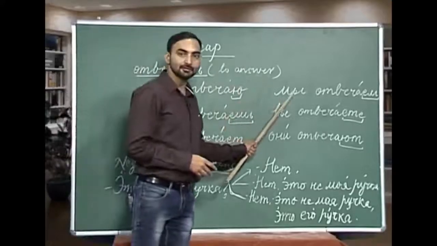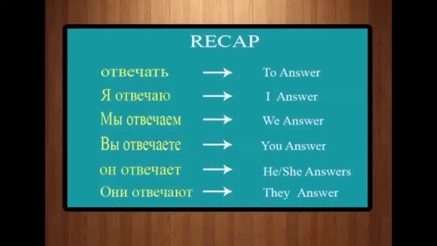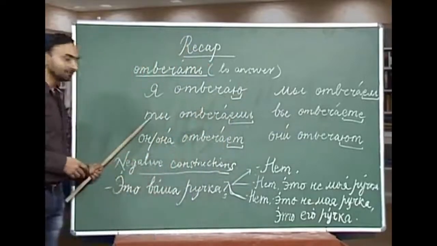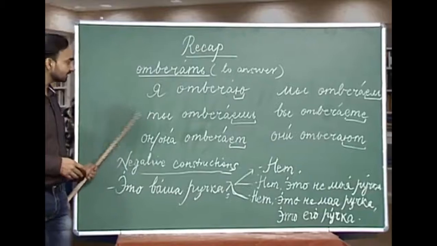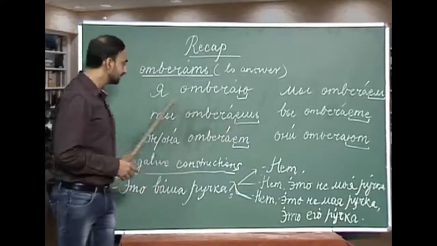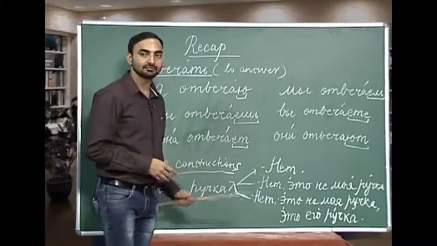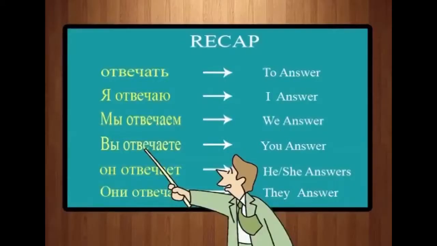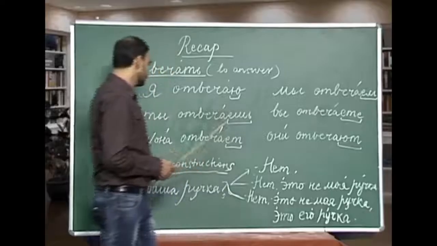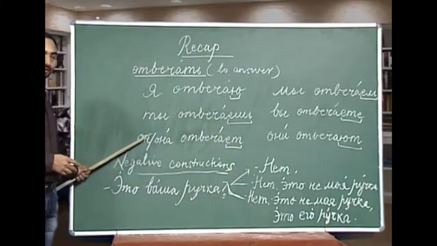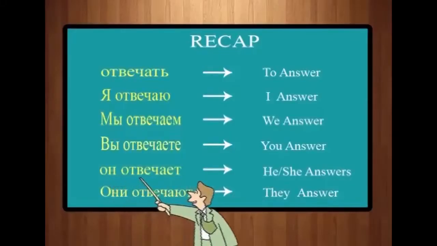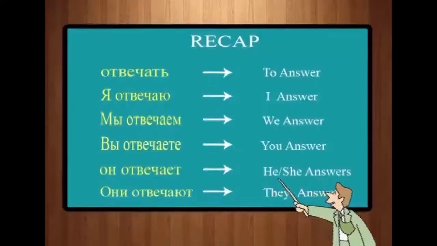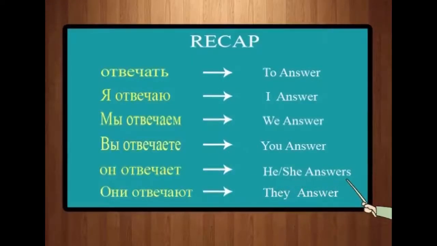Мы, first person plural number, мы отвечаем, we answer. With the second person singular number, ты отвечаешь. With second person plural number, вы отвечаете, you answer. With third person singular number, which is он and она, он is he, она is she, отвечает, he or she answers.